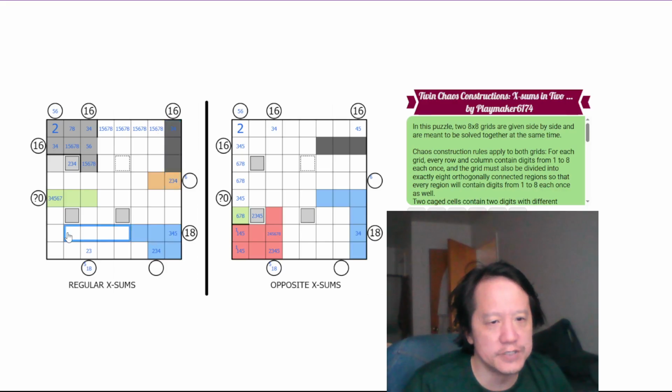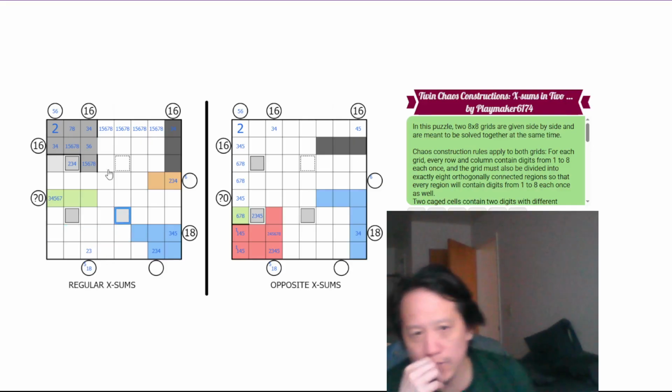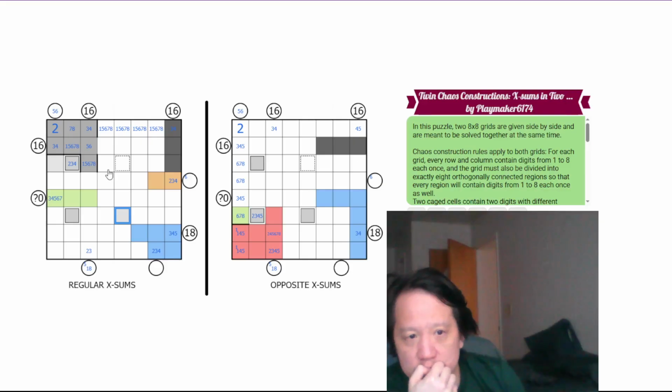The remaining digits in this row must also add up to 18. But that's not too helpful right now.